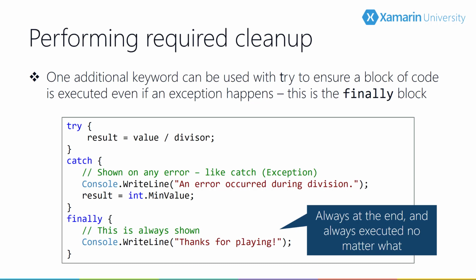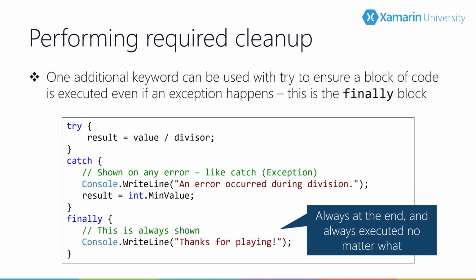Now, sometimes you need to ensure that some code executes whether an exception occurs or not. For example, if a file is opened before a try block, this file should be closed following the successful processing or an exception. C# defines an additional block that may be added to the end of the try-catch statement, and this is the finally block.